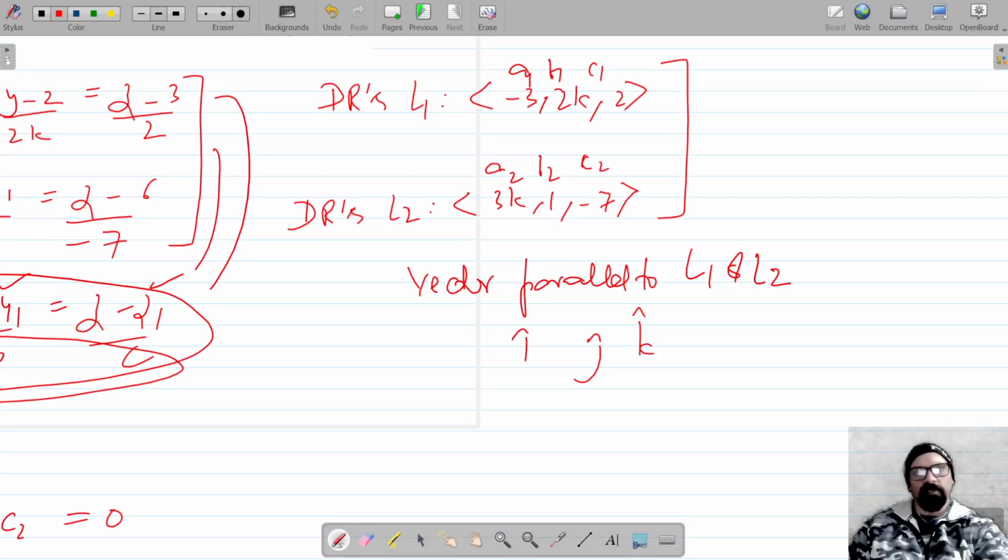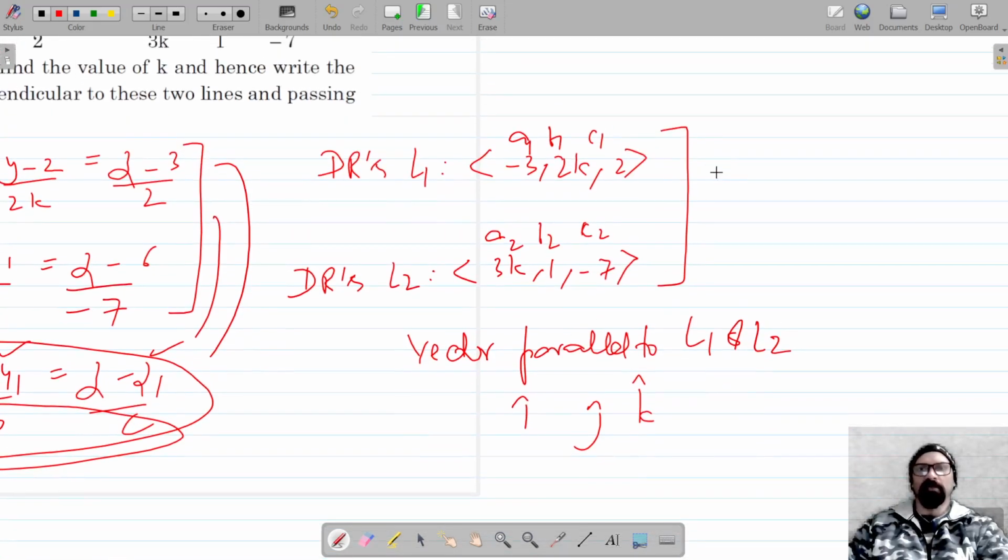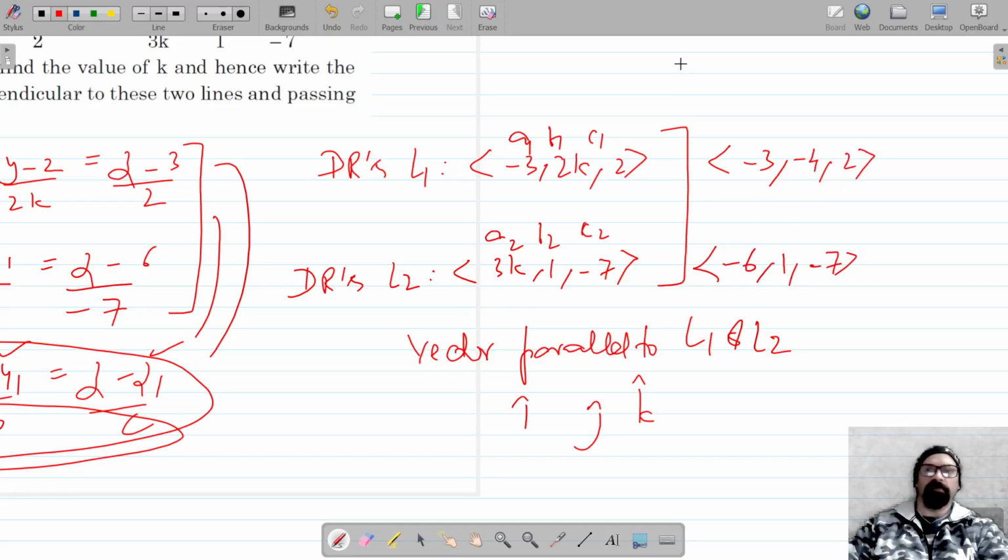Putting k is negative 2, the first row is minus 3, 2 into negative 2 is minus 4, 2, and the second is 3 into negative 2 is negative 6, 1, and negative 7.